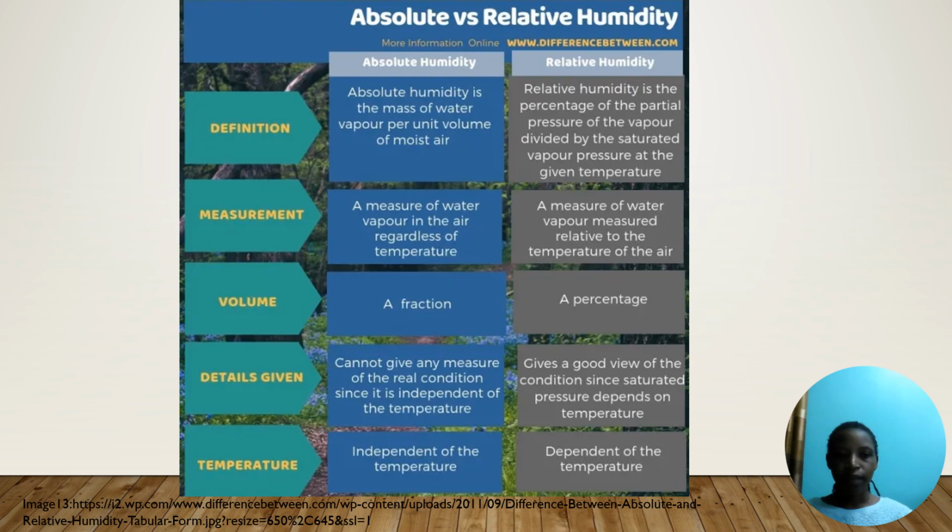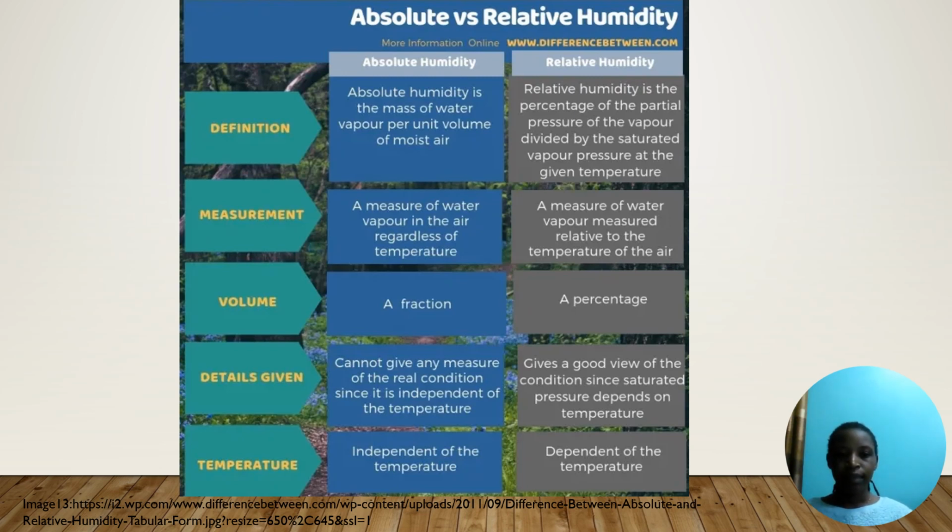The second one is the measurement. On the side of absolute humidity, it is the measure of water vapor in the air regardless of the temperature, while relative humidity is a measure of water vapor relative to the temperature of the air.